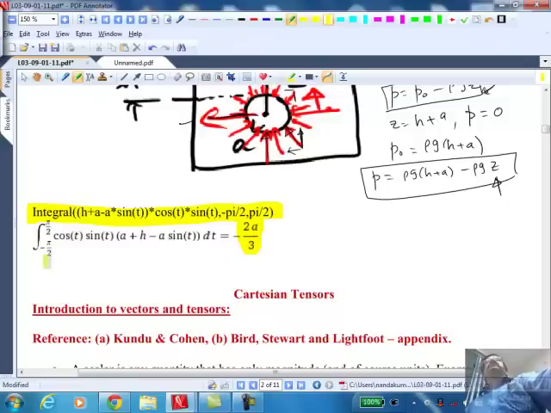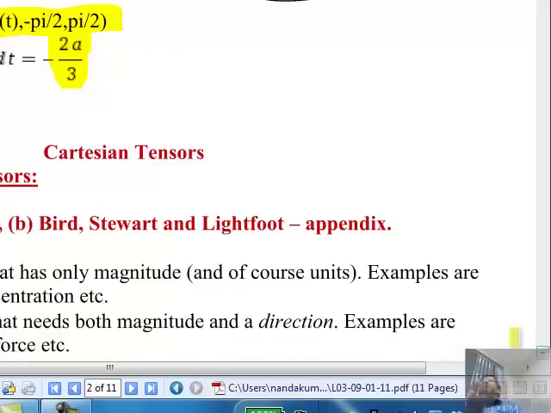When you multiply that with rho g, you get the buoyant force. So this idea that the buoyant force is the weight of the fluid displaced works for any arbitrary shape. You can in fact show this for any arbitrary shape if you escalate the mathematics to the next level, the ability to deal with vectors in a natural way. Here we are still decomposing and calculating only one component.